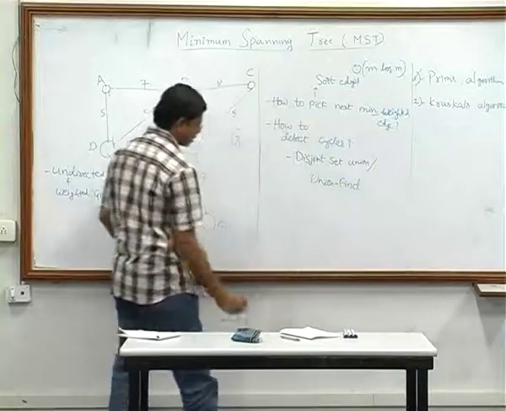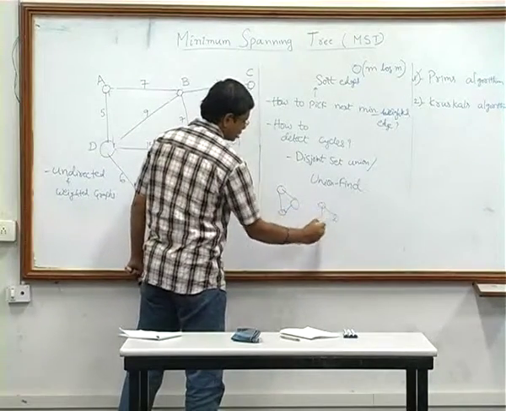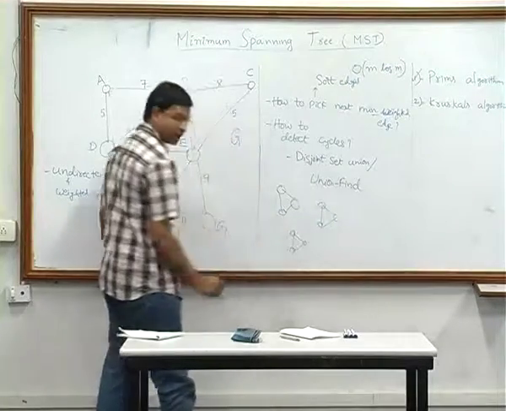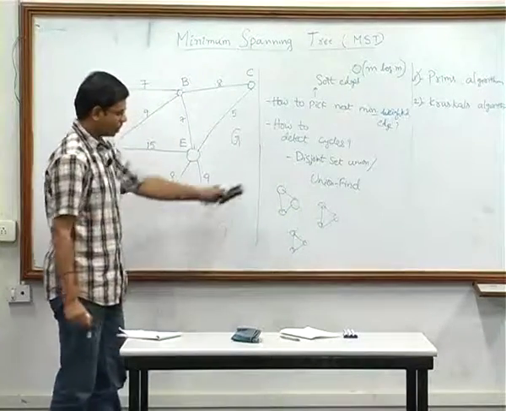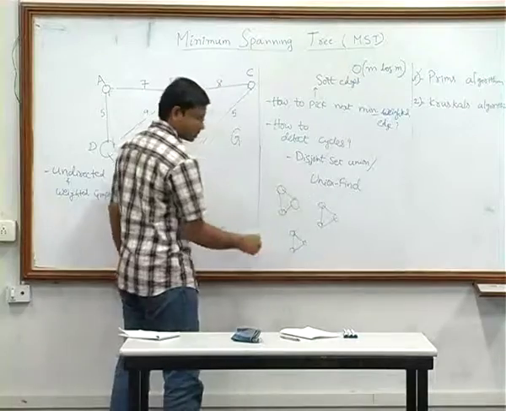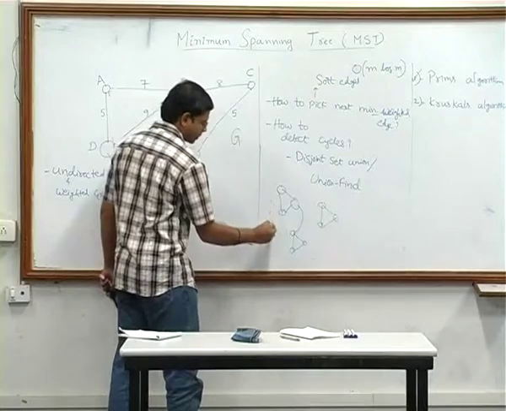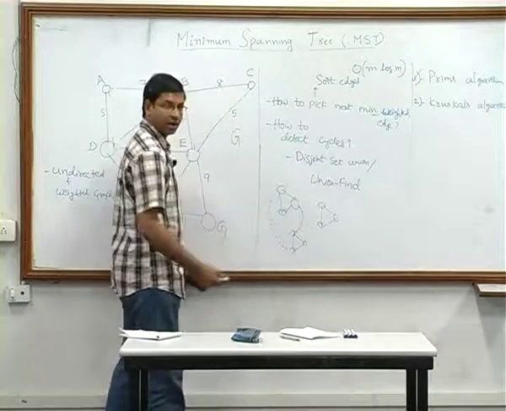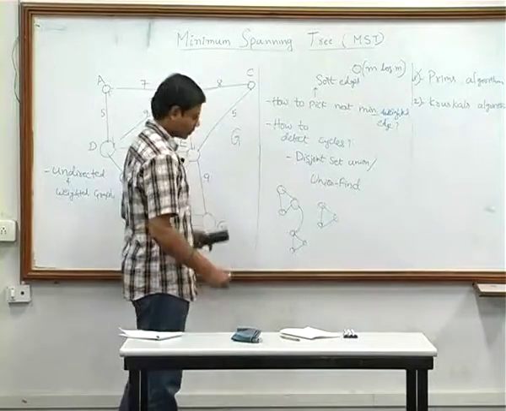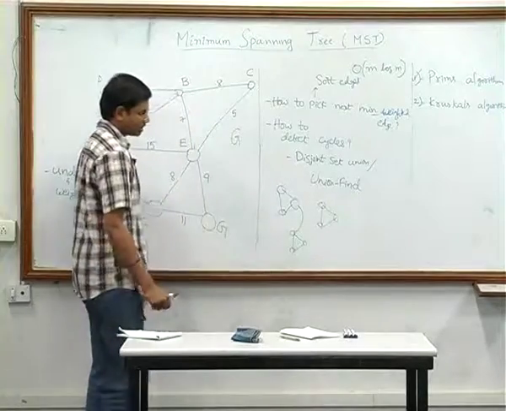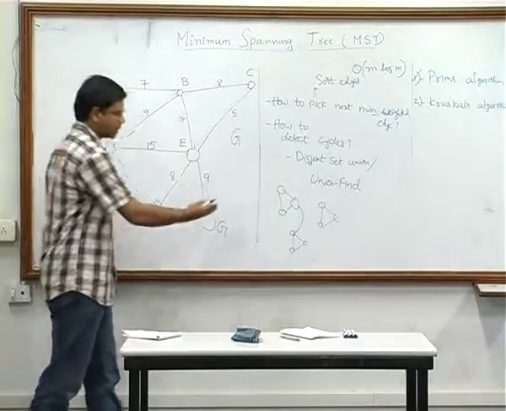The idea is we keep connecting some disjoint entities, and if you try to connect 2 entities that are not present in the same set already, we just connect them. If we try to connect 2 entities and they are already connected, then we need to detect that. That's what union find tells us. The union is just to union the 2 sets, and find is to find if these 2 vertices are already connected by some selected edges.